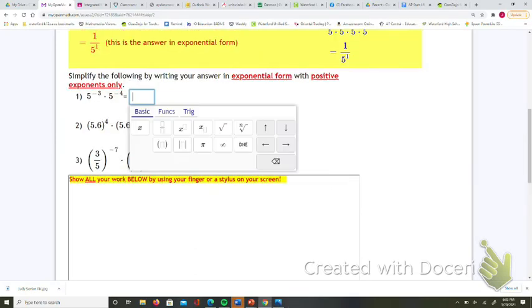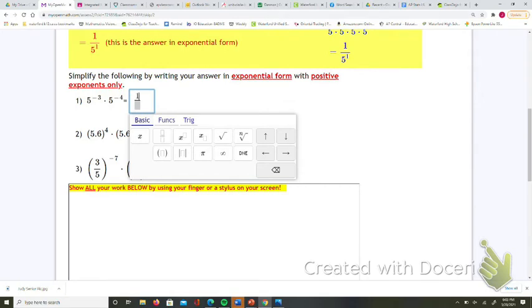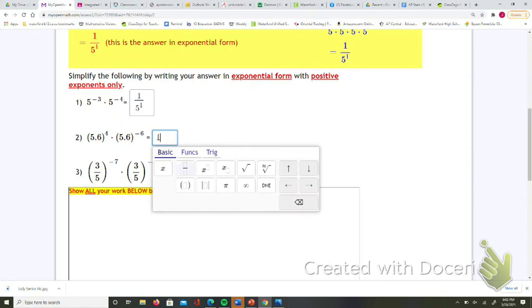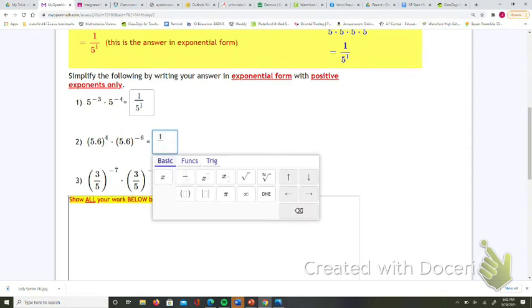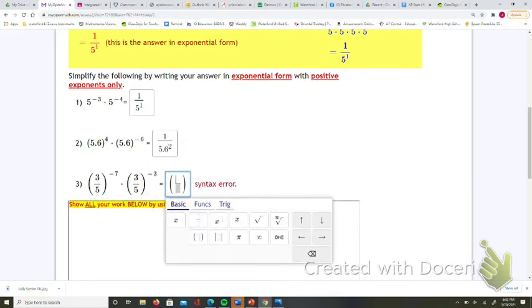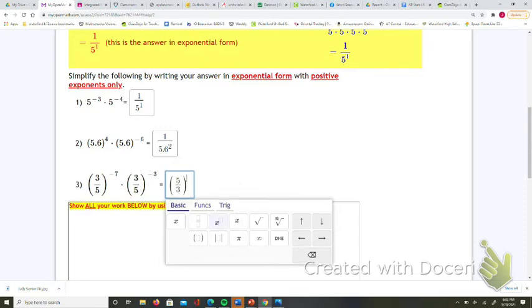So this one was 1 over 5 to the first. This one was 1 over 5.6 to the second. And this one was parenthesis fraction 5 over 3 to the 10th.